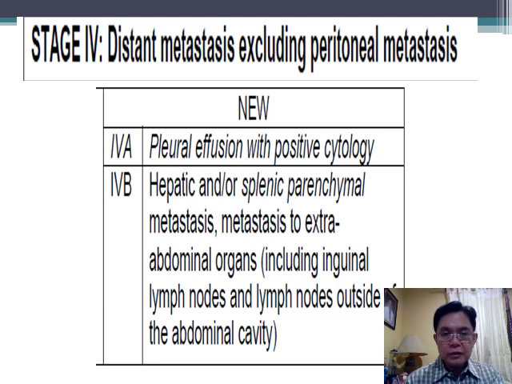So on palpation, you see that the tumor has invaded the inner part or the greater part of the liver. It is not only on the surface of the liver. Stage 4B is also metastasis to extra-abdominal organs, including your inguinal lymph nodes and lymph nodes outside of the abdominal cavity. So that is a stage 4B disease.